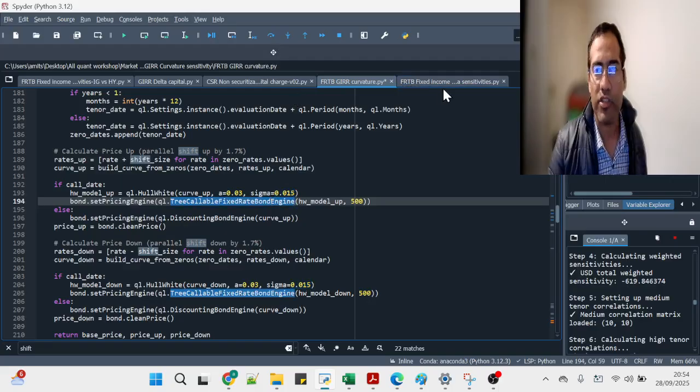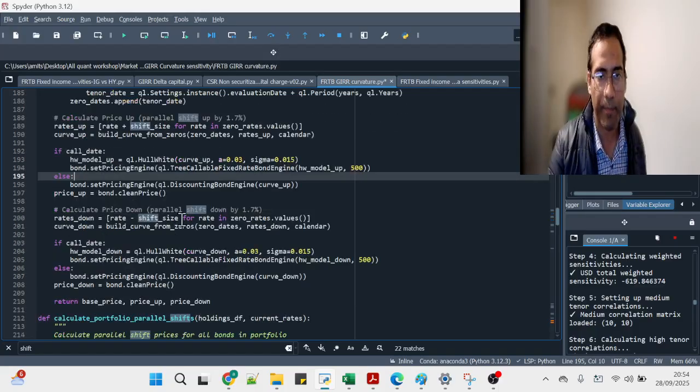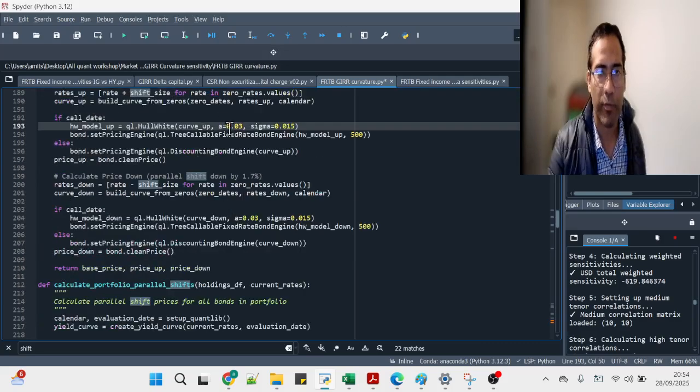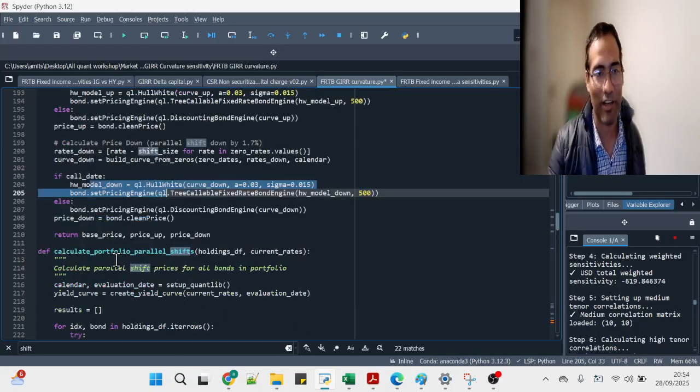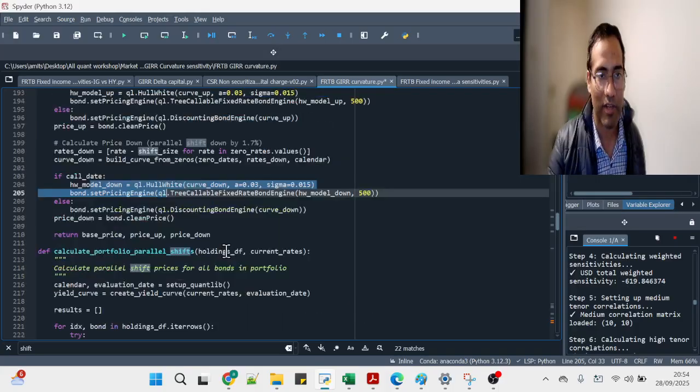I also have the Vega sensitivity code, and this is the mean reversion parameter in the Hull-White model. Then you shift the whole curve up, this is the parallel shift, and then the parallel down shift of the whole curve. After that you do the calculation.